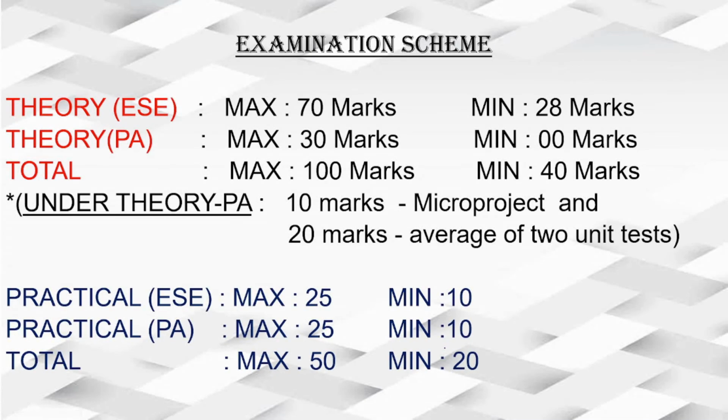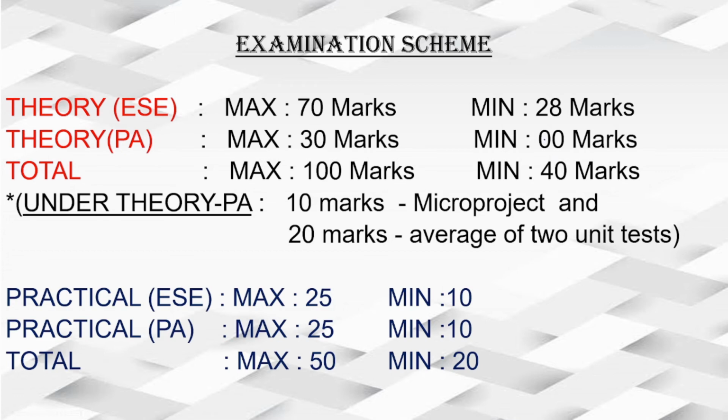Now, the examination scheme, meaning the marking scheme. For the theory exam you have to write a paper of maximum 70 marks, and minimum 28 marks are required for passing. In theory PA, you get 30 marks.